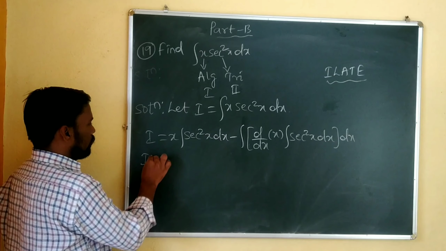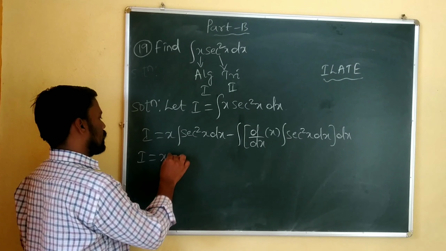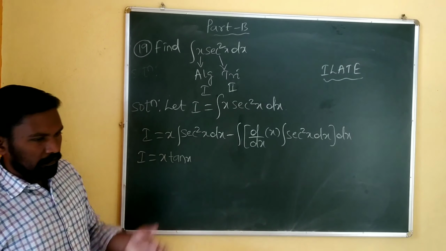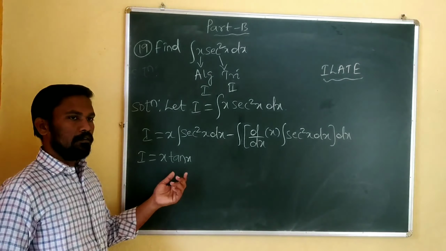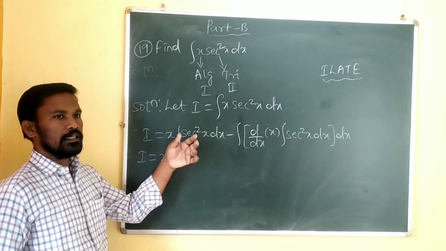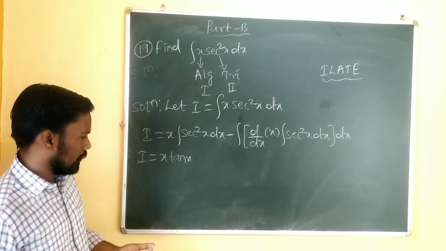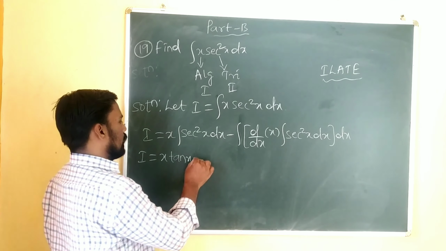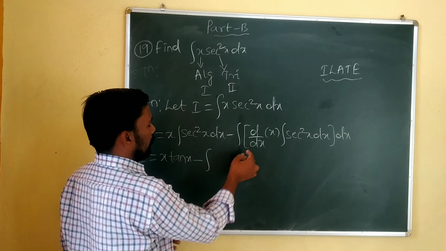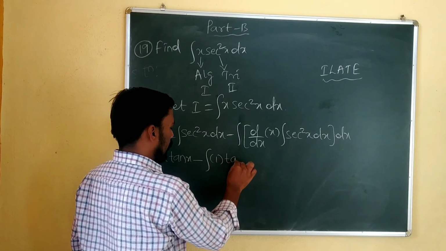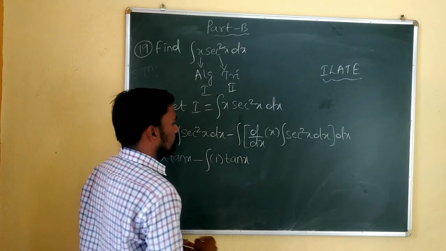I is equal to x into the integral of secant square x, which is tan x. It is better to remember all the differentiation formulas, because the derivative of tan x is secant square x, exactly the reverse. Integration of secant square x is tan x, minus the integration of the derivative of x with respect to x, which is 1, into the integral of secant square x, which is tan x, into dx.